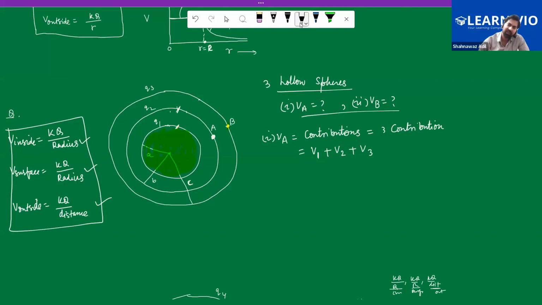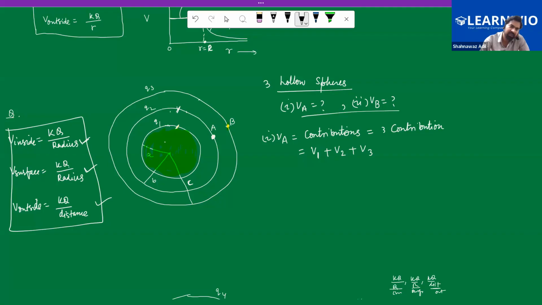Because we know that for a sphere there are three potentials. Depending upon where we are calculating the potential, we can have three different potentials. If I'm calculating the potential inside, then this would be kq by the radius of the sphere.